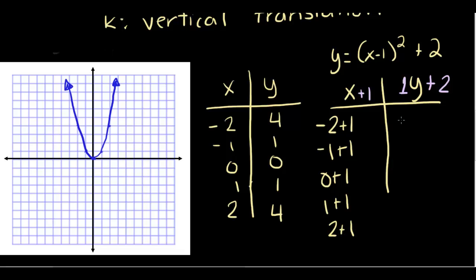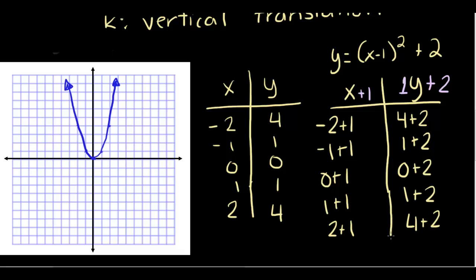On this side, it's going to be 4, because I have a 4 here, plus 2, 1 plus 2, 0 plus 2, 1 plus 2, and 4 plus 2. Again, this is what I have on the table of values for the parent function. I write it down here and I'm evaluating it with a plus 1. And then I'm adding 2 to each one of them. So let's go ahead and write what I got.